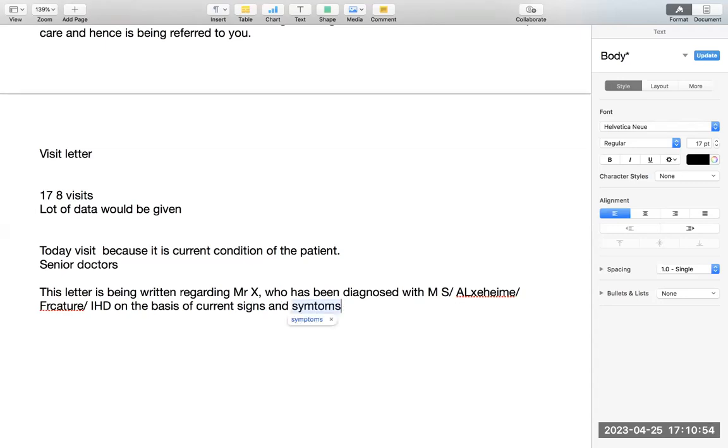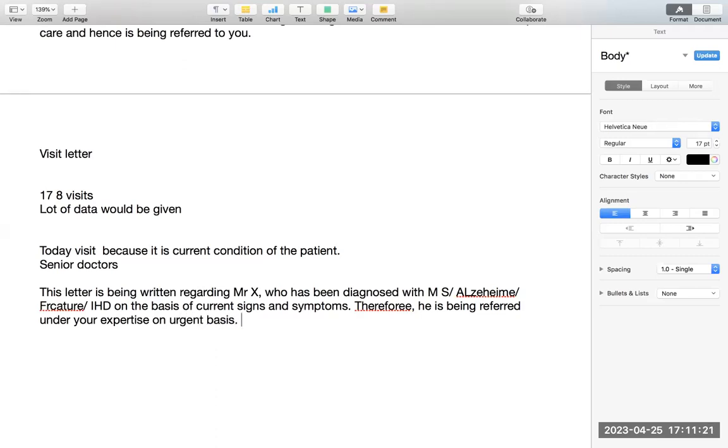No matter how difficult, how complicated the letter is, just write only the current main problem of the patient. This letter is being written regarding Mr. X, who has been diagnosed with this on the basis of current signs and symptoms. Therefore, he is being referred under your expertise on an urgent basis.